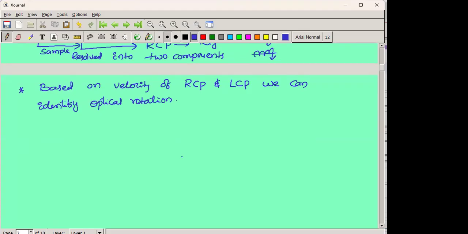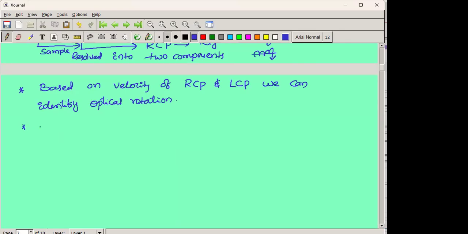For example, in the sample, RCP has maximum velocity. Then the molecule is considered dextrorotatory. In a sample molecule, if LCP has maximum velocity, then that is levorotatory.